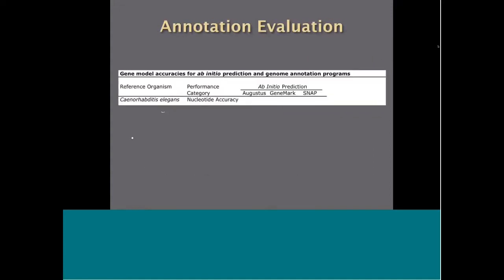Well, to understand what effect this had, if you were to look at how ab initio gene prediction algorithms and annotation pipelines like Maker perform on first-generation genomes, a very interesting pattern emerges. So here we're going to look at how the purely mathematically based Augustus, GenMark, and SNAP algorithms perform on the C. elegans genome.